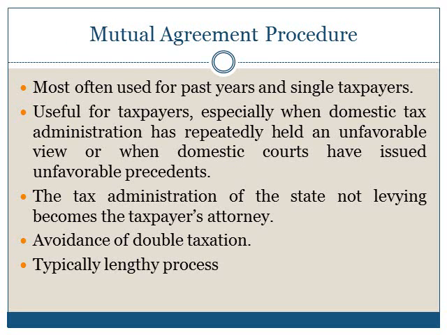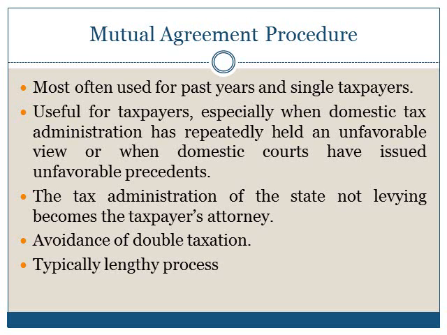Well, after analyzing the article that regulates mutual agreement procedure, it's important to analyze the main characteristics that this procedure usually presents. The first one is that this procedure has been most often used in past years. The second characteristic is that it is considered a very useful tool for those taxpayers who have repeatedly unfavorable results by their local administrations.